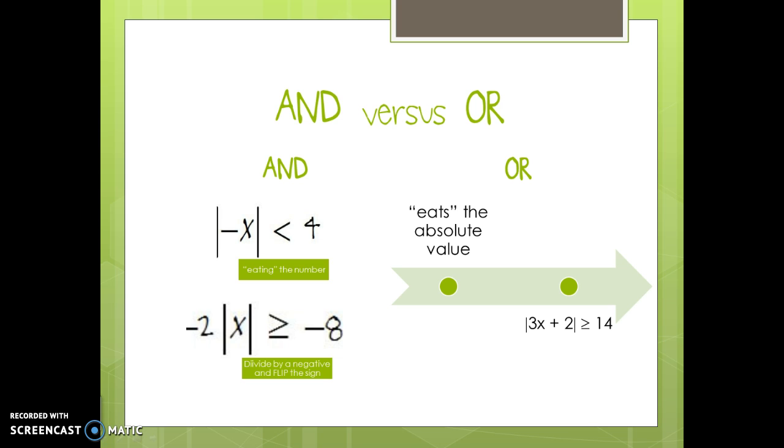Well, in the "and" statements, again, it's eating the number, but you are not allowed to determine if it's "and" or "or" until you have isolated the absolute value. So don't be tricked by this negative 2 here. You can't decide if it's "and" or "or" until this is gone. And in this case, we're going to divide by a negative and need to flip the sign. Whereas with the "or," it eats the absolute value.